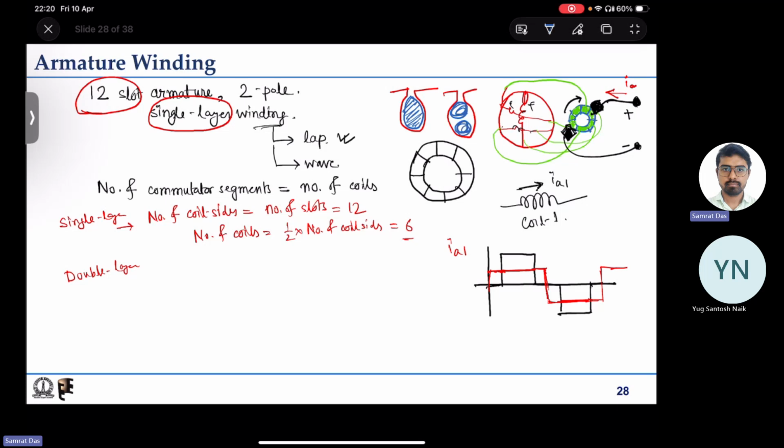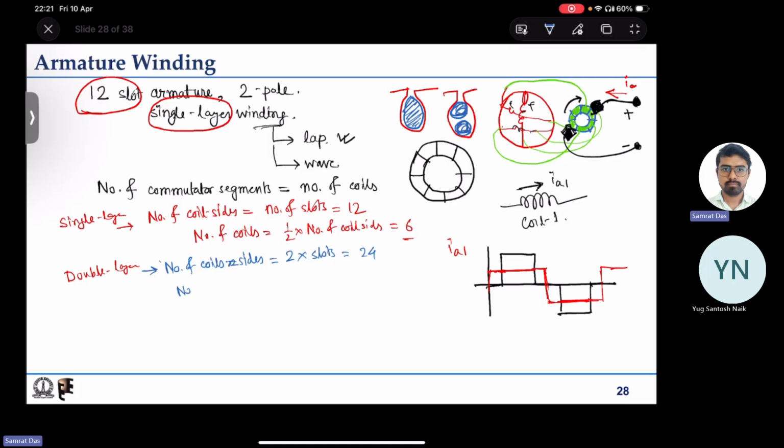So for double layer winding, the number of coil sides will be twice the number of slots, equal to 24, because in each slot you can house two coil sides.